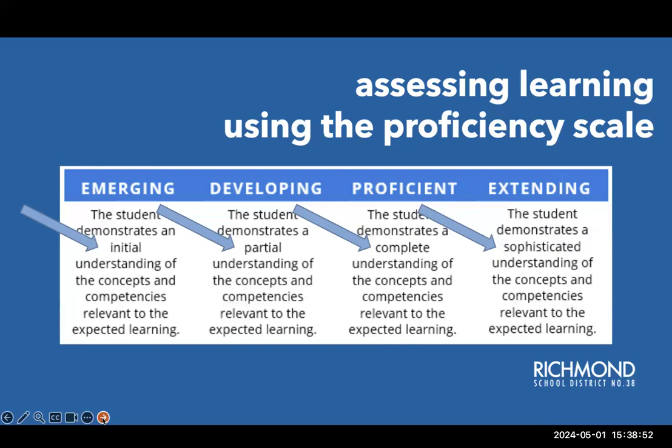It means complete for that grade level. So sort of meeting that threshold in terms of what we expect for proficiency and complete understanding of concepts and competencies for that grade level. And then extending means sophisticated or more complex and in-depth understanding of concepts and competencies, often making applications or connections to other areas of learning and math-to-math connections as well.